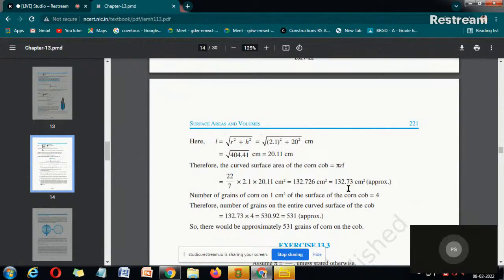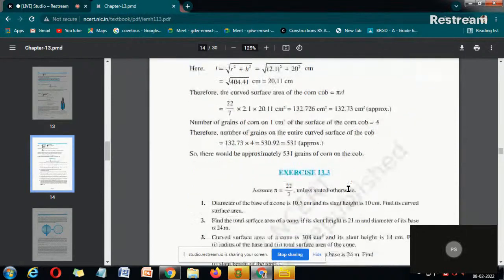Now what we have learned, 1 centimeter square is 4. Then 4 into 132.73. Answer will be 531 approximately. That means 531 grains will be over there.